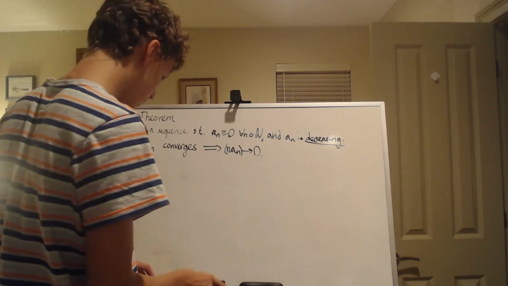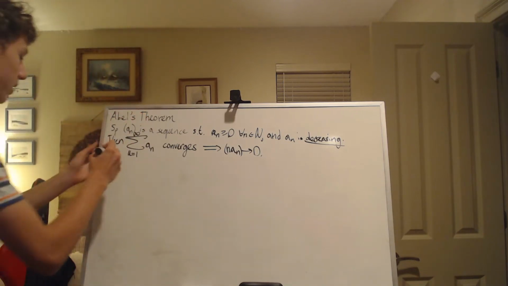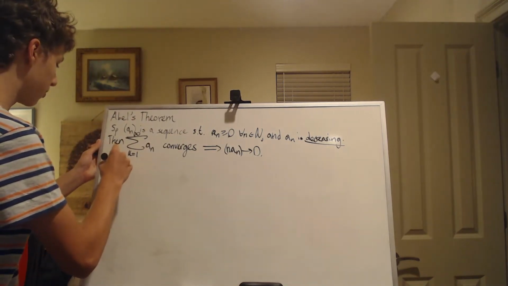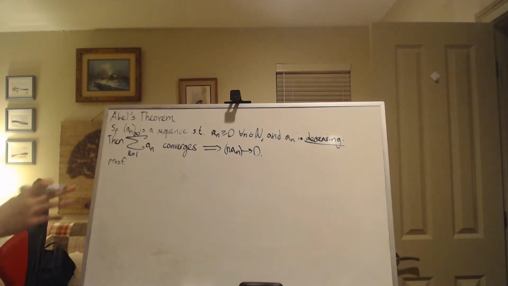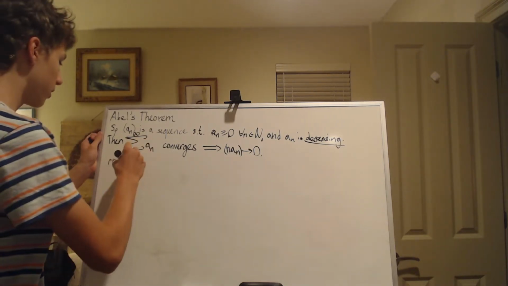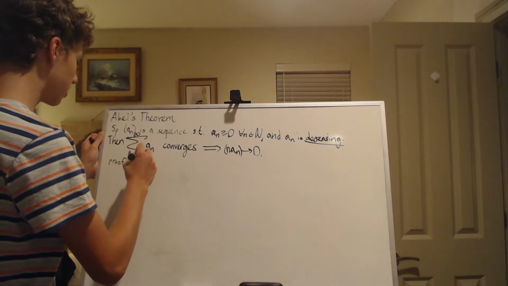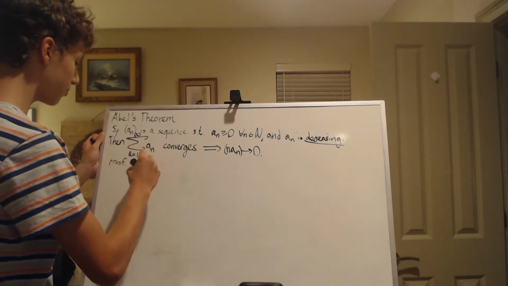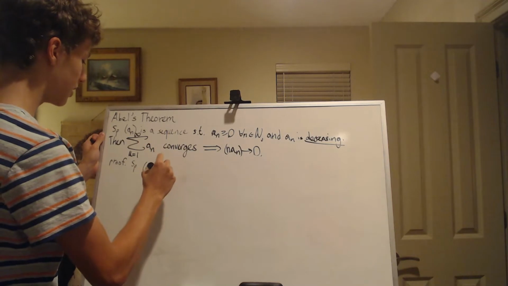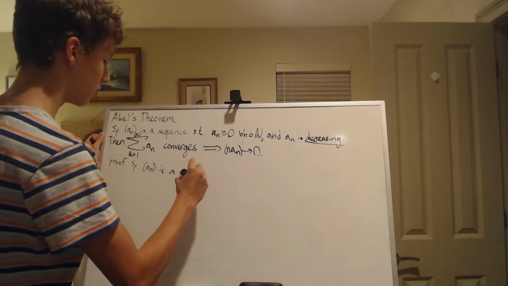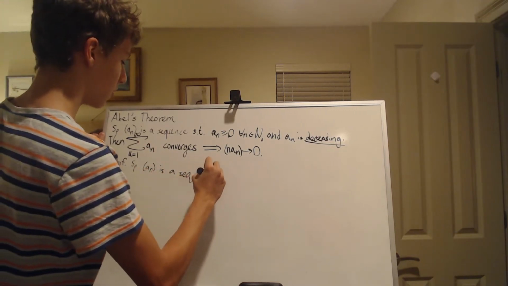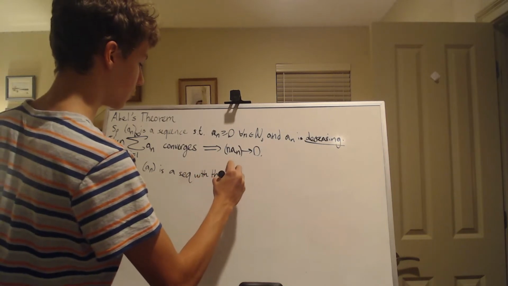Okay, so let's see how to start here. Maybe for the proof, it would be useful to first outline what we're given. So, suppose a sub n is a sequence with the given properties.